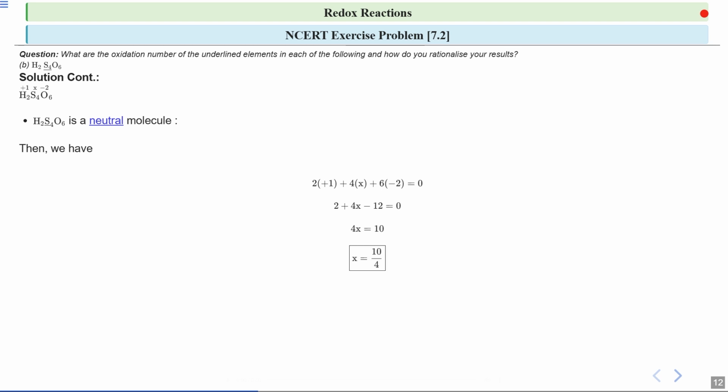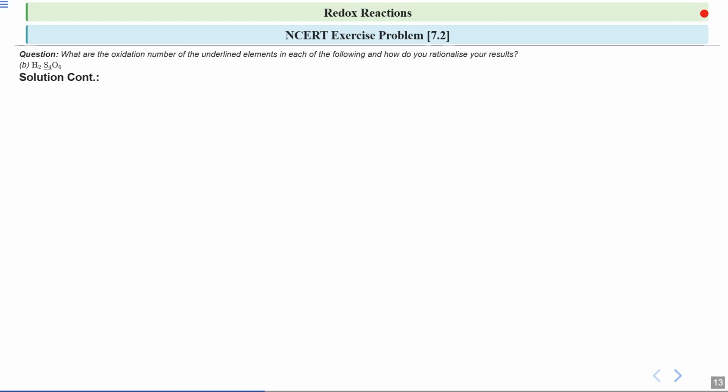Here, the number you are getting is not a positive integer. In place of that, what we have is a fraction. The need of the hour is to justify this oxidation number, because oxidation number cannot be fractional.